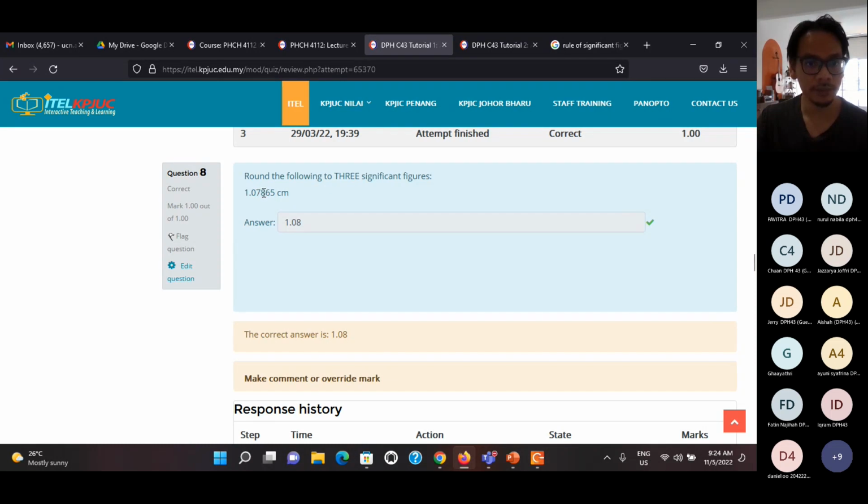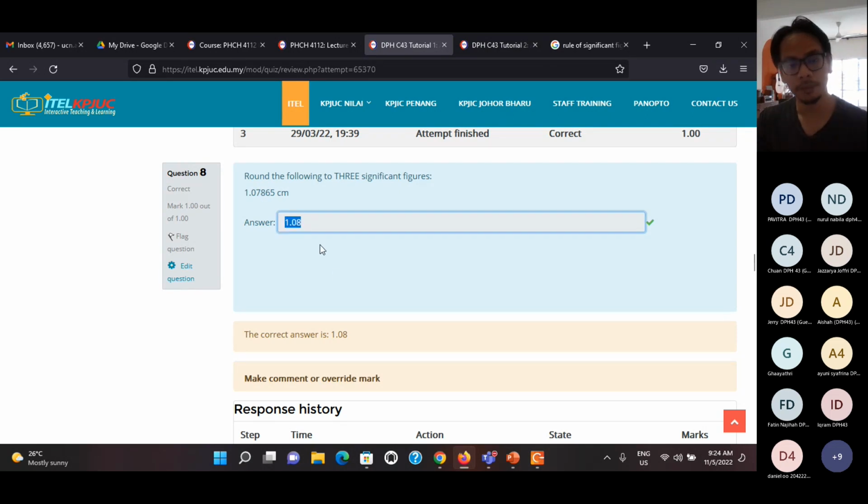So kalau nak bundarkan digit 7 ni, kita tengok on the right of itself ada 8. So kalau bundarkan 7 ni ada 8, kita tambah 1. So jadilah 1.08. So this 1, 0 dan 8 ni kesemuanya adalah significant figures. Itu maksud round the following to 3 significant figures. Okay, clear?